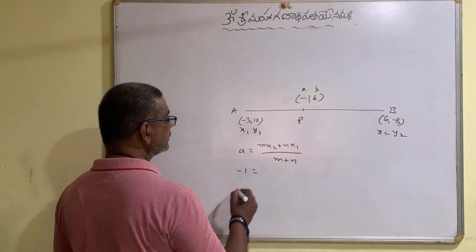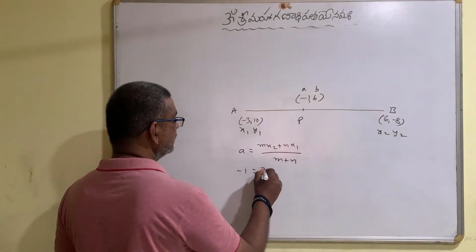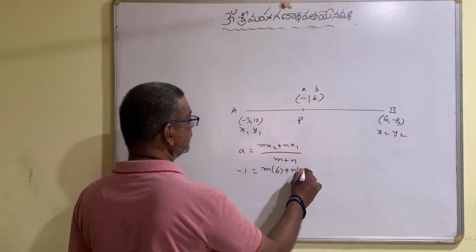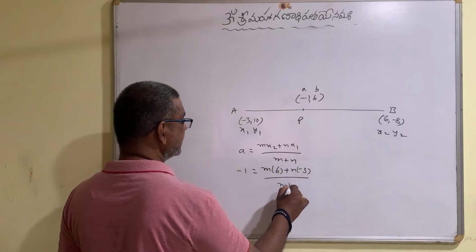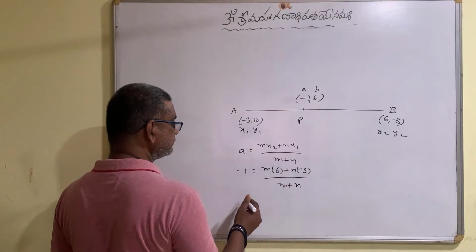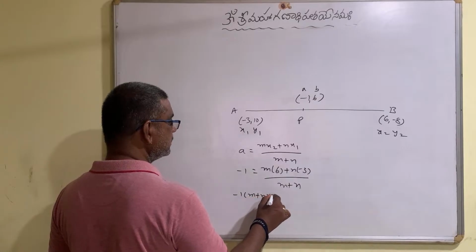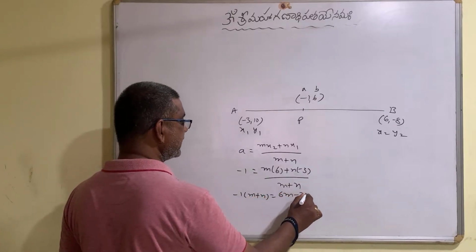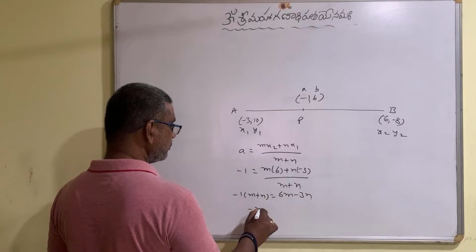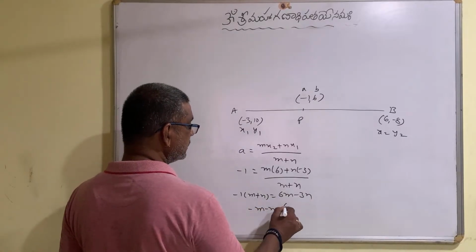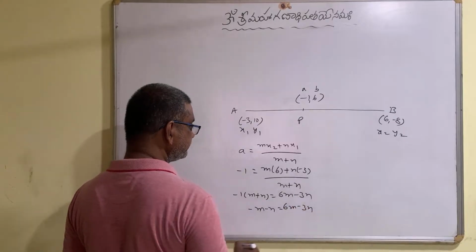So negative 1 is equal to mx2 plus nx1 by m plus n. Minus 1 into m plus n is equal to 6m minus 3n. So minus m minus n is equal to 6m minus 3n.